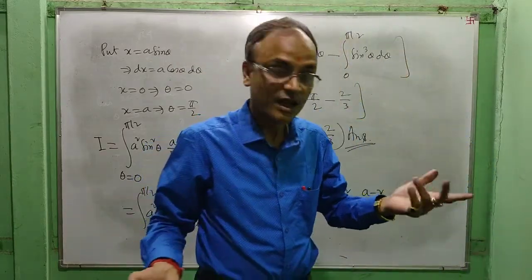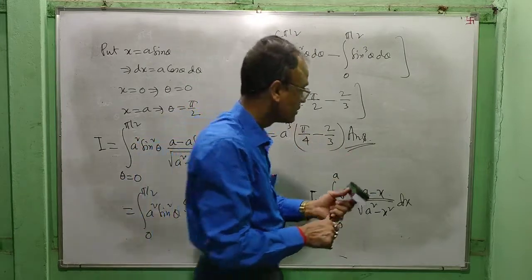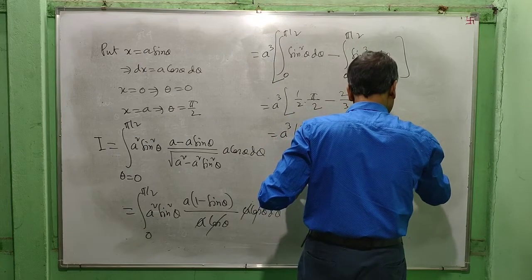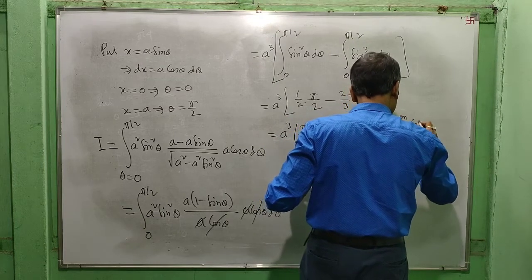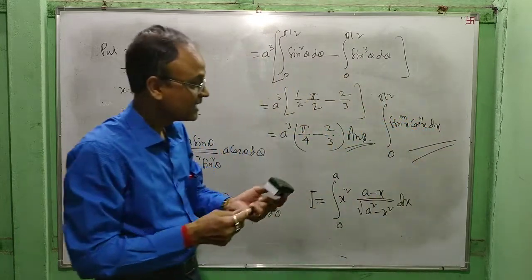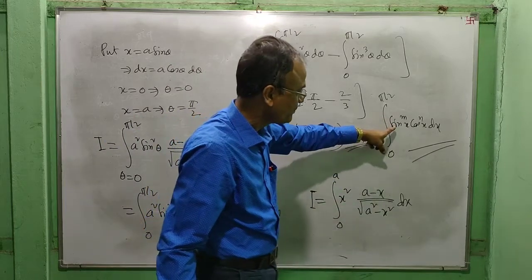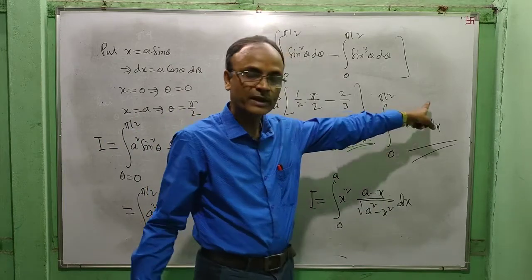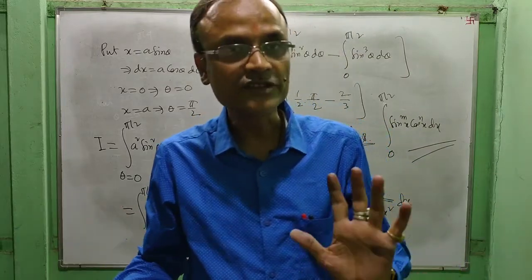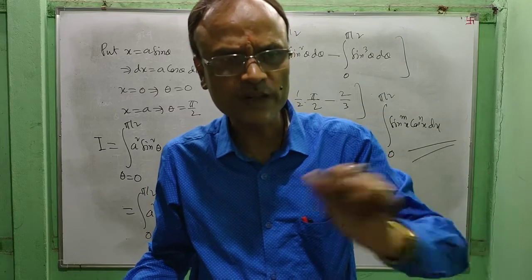Dear students, in the next class, we shall find the formula for the integral of sin to the power m x, cos to the power n x, dx. Now, as a problem, integration 0 to pi by 2, sin to the power 4 x, cos square x, dx.